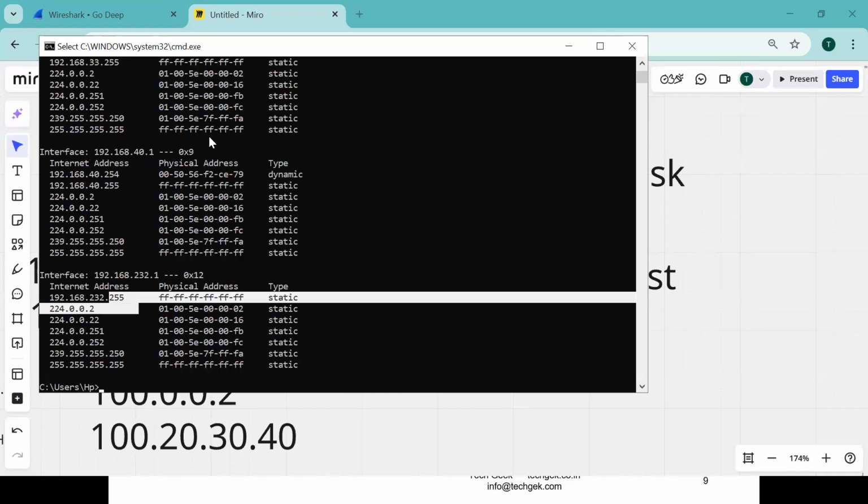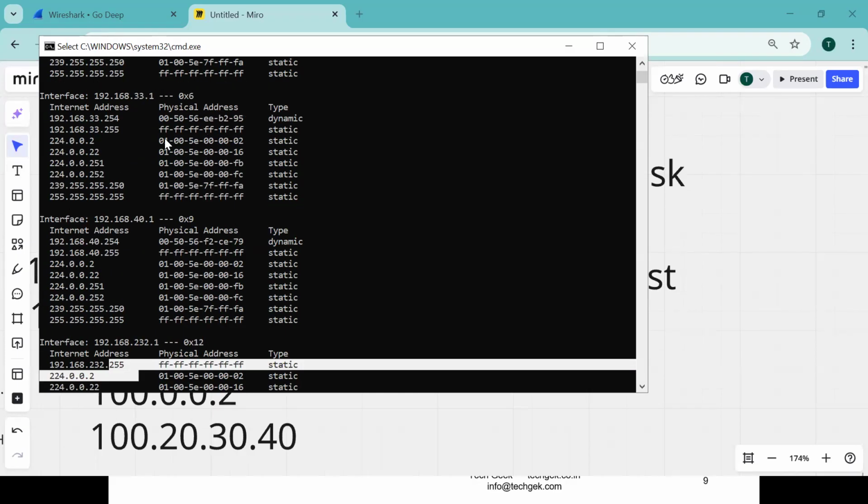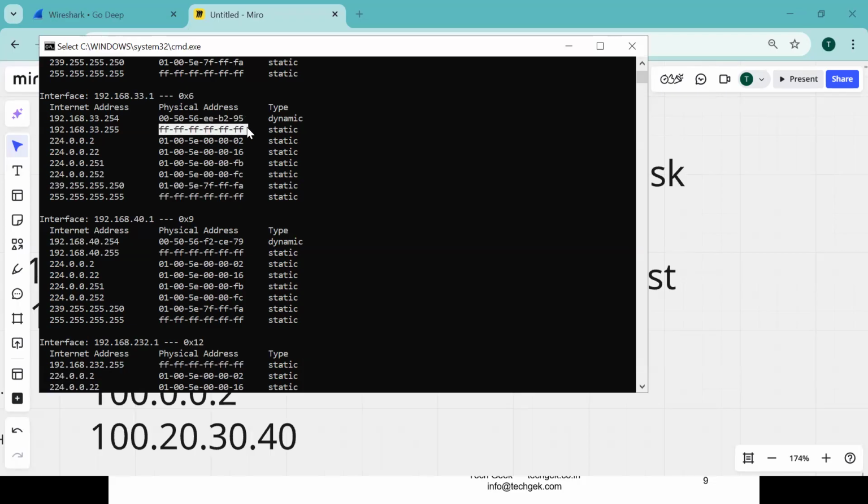And these are fixed physical addresses. This is called FFFF, which is considered the broadcast MAC address. Every device has the same broadcast address, FFFF, and the last IP address, the octet ending with 255, is considered the broadcast IP address.